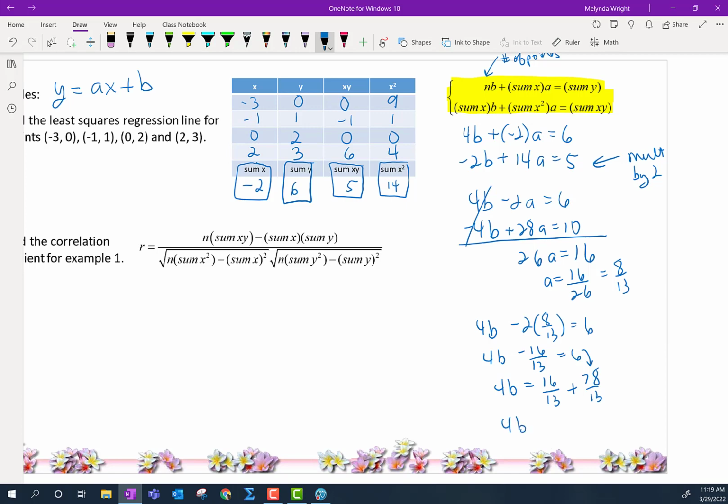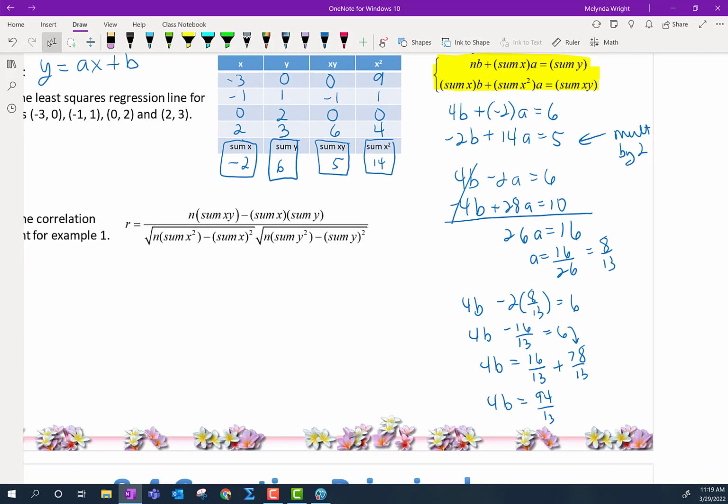So 4b equals, we've got 78 plus 16 would be what, 94? And then I need to solve for b, so I multiply both sides by 1/4. And I will get b equals 47 over 26. Ooh, that looks fun. 47 over 26.